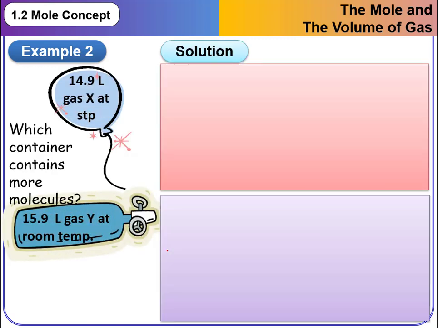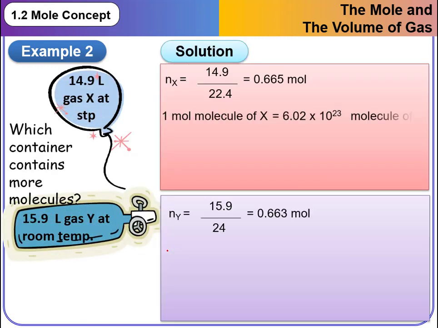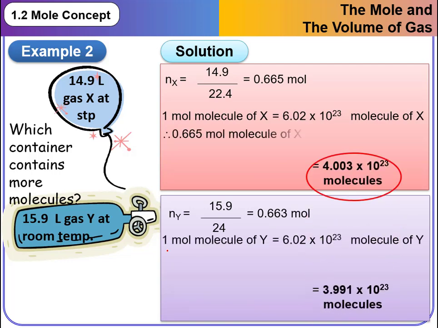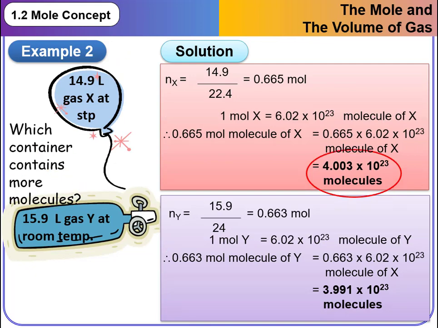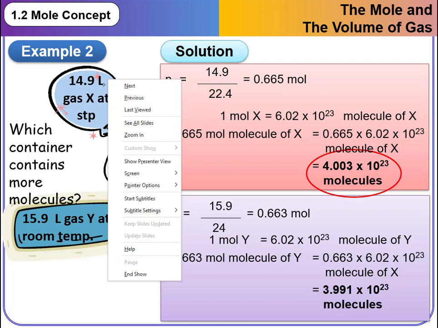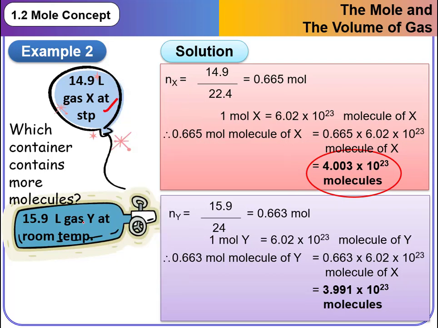Let us proceed to the next example, which is example 2. In example 2, we have to determine which container contains more molecules. Is it the container with 14.9 liter of gas X at STP, or the container with 15.9 liter of gas Y at room temperature?